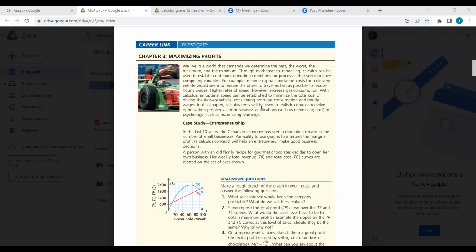For example, minimizing transportation costs for a delivery vehicle would seem to require the driver to travel as fast as possible to reduce hourly wages. Higher rates of speed, however, increase gas consumption. With calculus, an optimal speed can be established to minimize the total cost of driving the delivery vehicle.